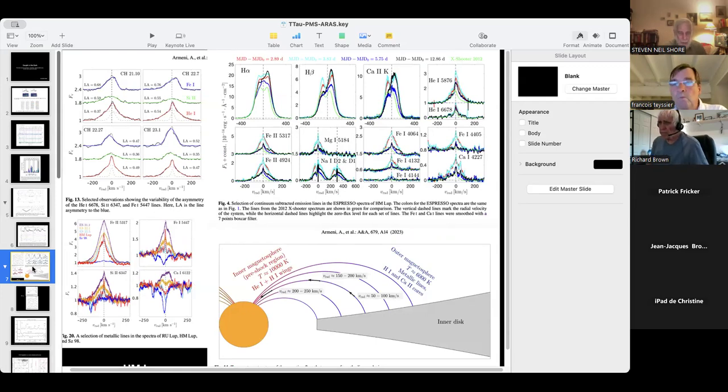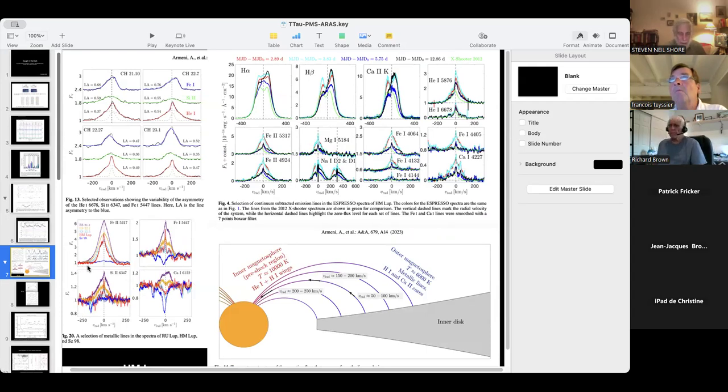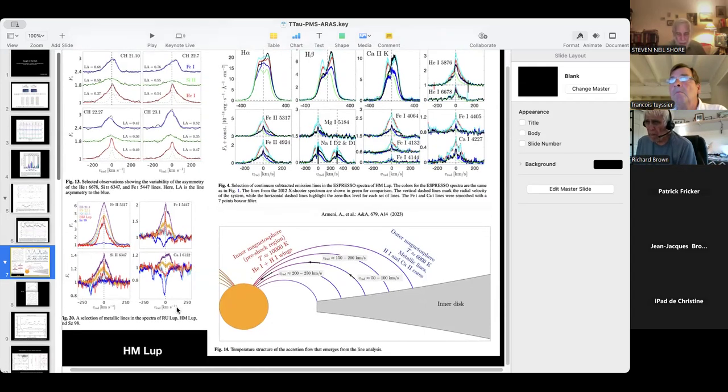Not to belabor the point, but in one recent study, in this case of HM Lupi, the picture that emerges is from comparing all of the available lines. And to put this in perspective, the velocities that are characteristic here are a couple of hundred kilometers per second. And the time scale for the variations is hours to days.